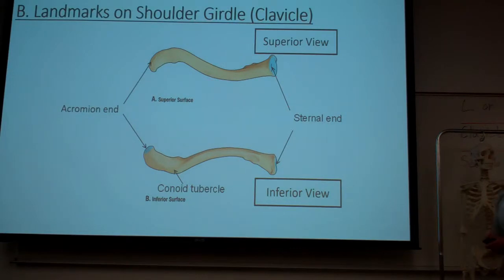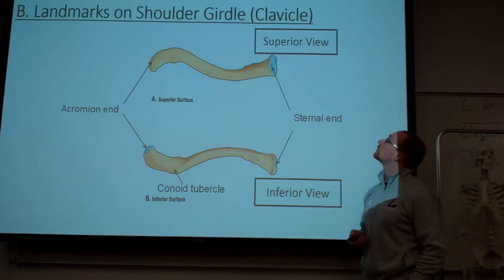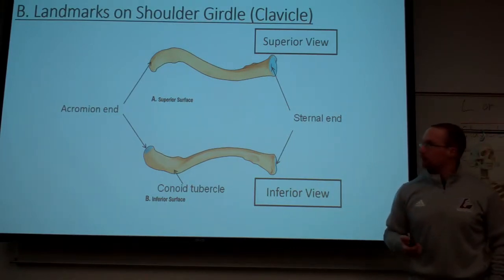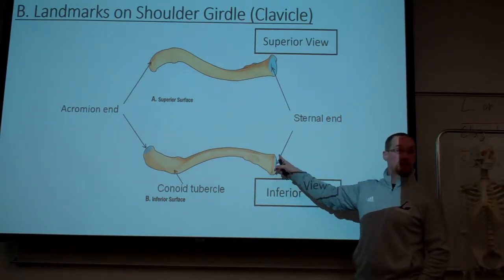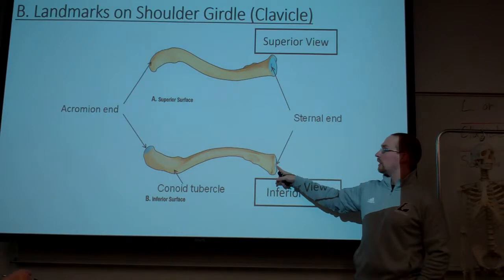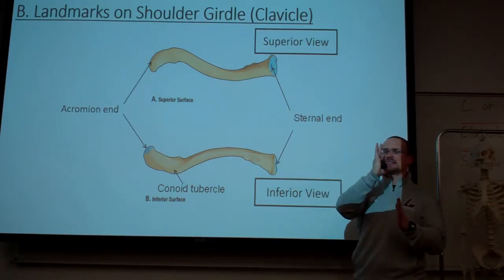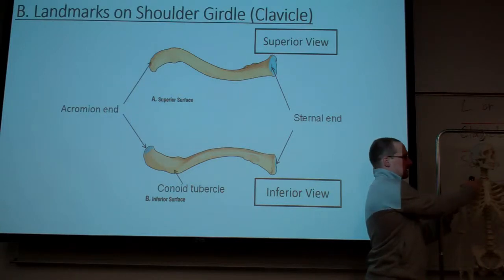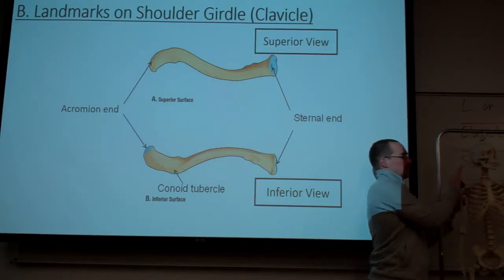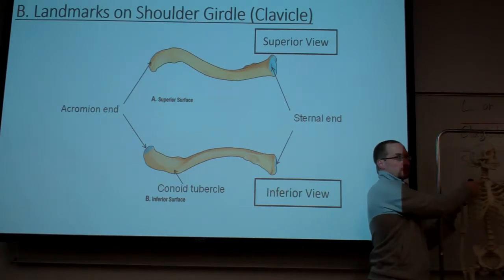Let's start with the clavicle. On the clavicle we've got two ends. We've got the sternal end, which kind of looks like a bulldozer. It's flat and broad, kind of like a bulldozer running into the sternum.